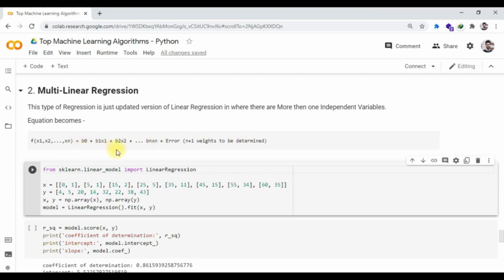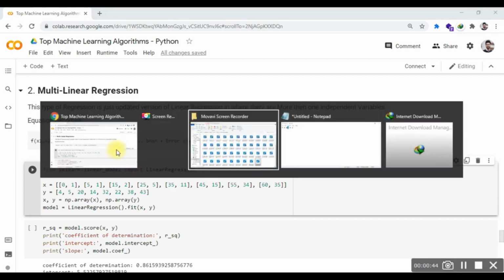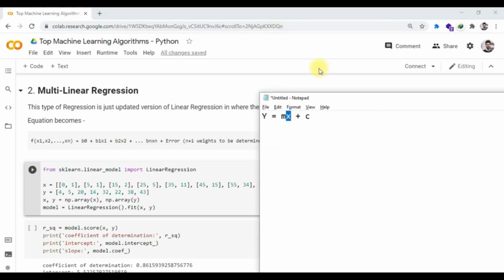So the equation that we form in the simple linear regression is y equals mx plus c. But in multi-linear regression we make an equation that goes like this: y equals m1 x1 plus m2 x2 plus c.